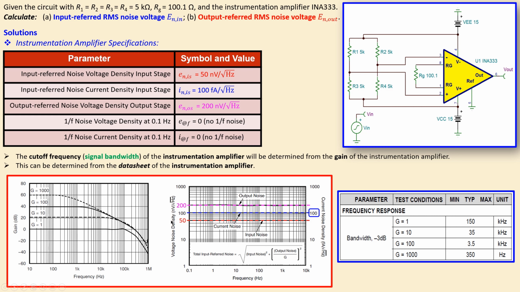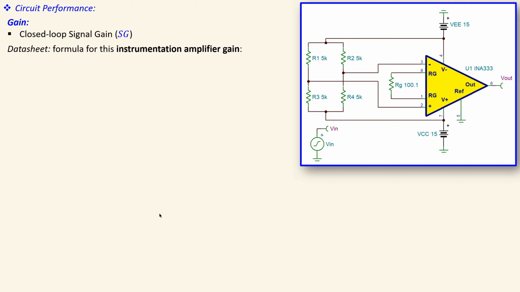Of course, we need to look at the gain, and from there the bandwidth or frequency specifications. We have the closed loop signal gain, and from the datasheet what we get is just the gain.